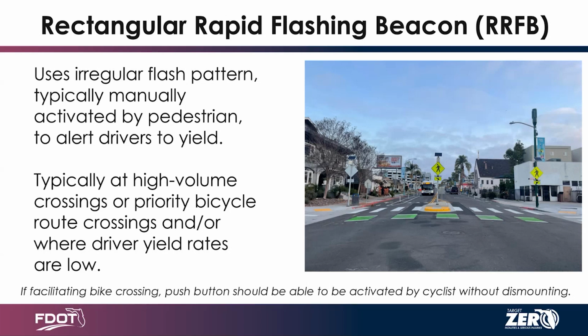In this picture, it includes bicycle pavement markings in addition to the pedestrian pavement markings. There are some challenges with installing RRFBs at intersections due to driver yielding behavior to side streets and the visibility of the RRFB there. So there may be variations needed that central office would need to approve to install this at an intersection.